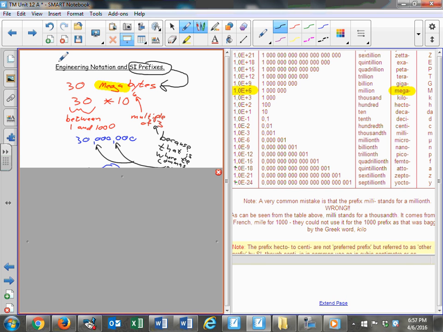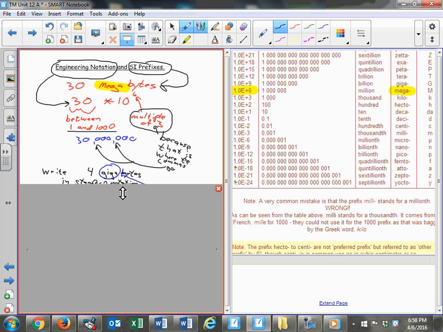And the engineering notation is kind of like scientific notation, except now our number is going to be between 1 and 1,000 instead of being between 1 and 10. And all of our exponents are going to be multiples of 3. And the reason for that is because that's where the commas go.